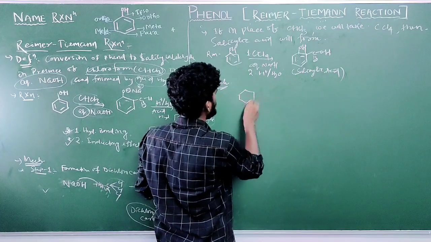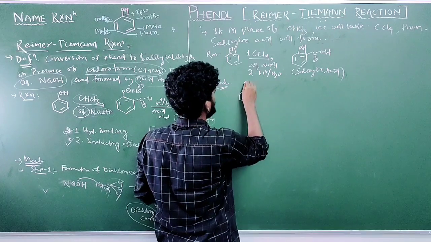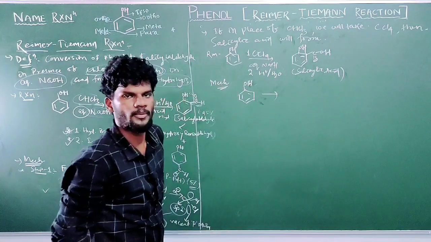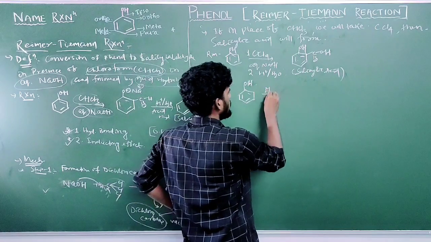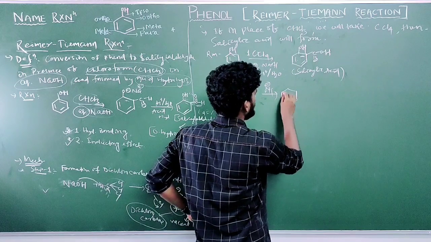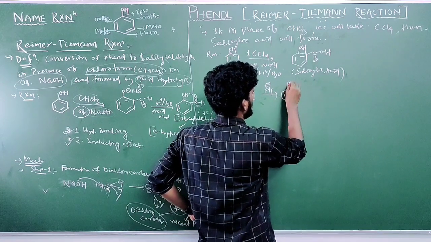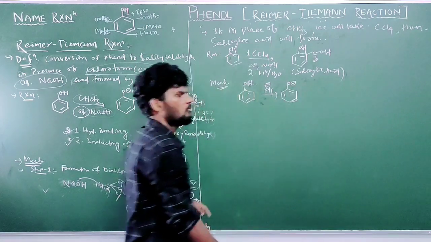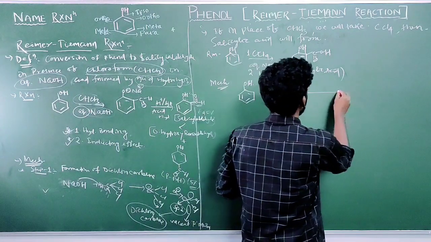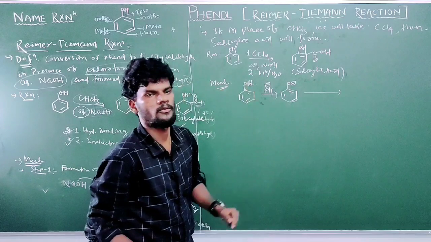Here see the phenol ring with OH in presence of sodium hydroxide. Sodium hydroxide is a base, OH minus takes this phenolic hydrogen to form the phenoxide ion, O minus, and the phenoxide ion is now more reactive than phenol. In the next step, here we have CCl4.